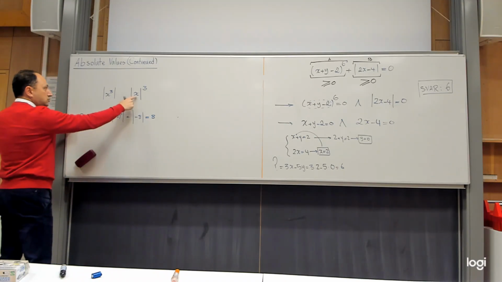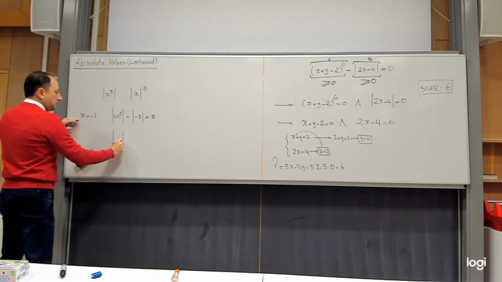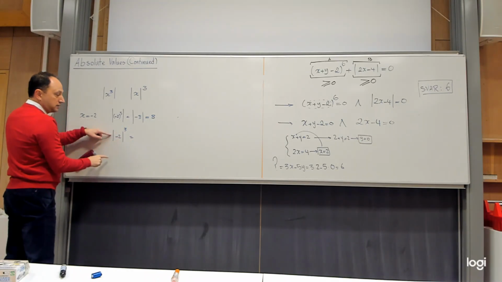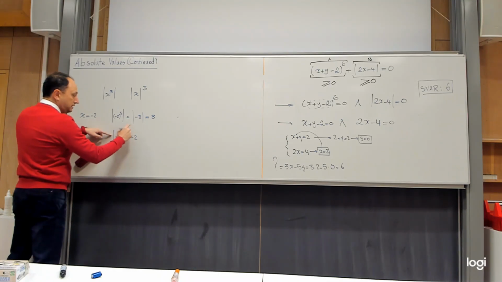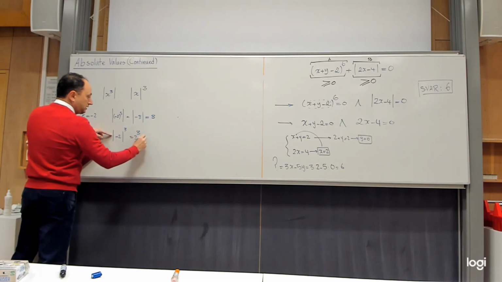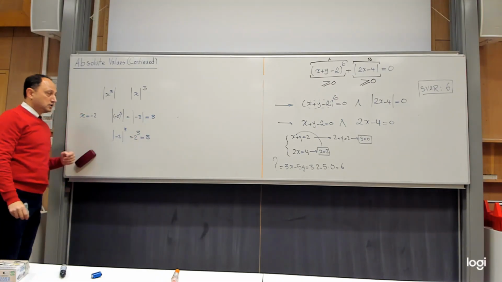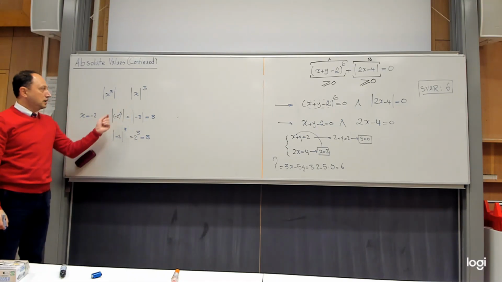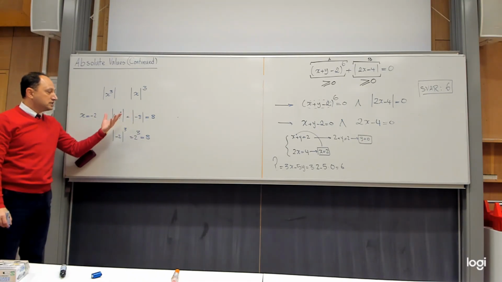And then if I ask you to calculate this one, instead of x again you put minus 2. But if you want to calculate this, you have to do this one first, which becomes 2, and then you have a power of 3, and then it becomes 8. So you see, the way that I write down the left-hand side and the way that I write down the right-hand side are different.